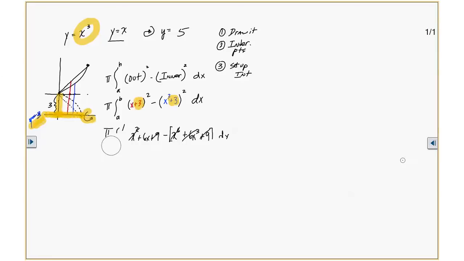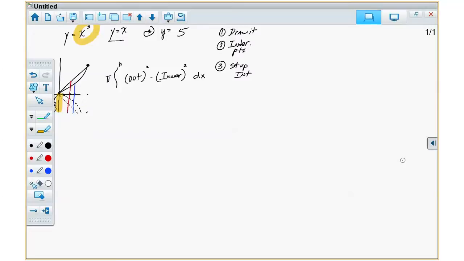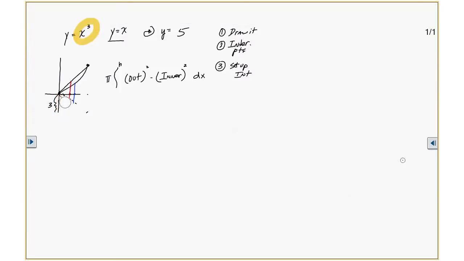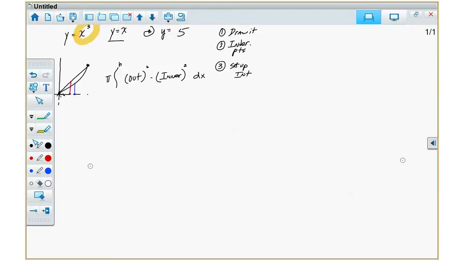All right, so now, instead of having this, we're going to have this.